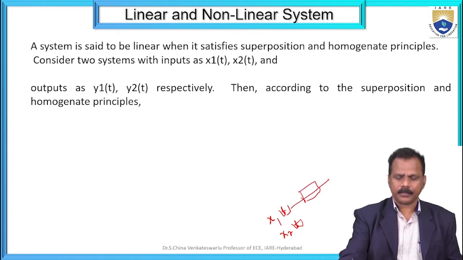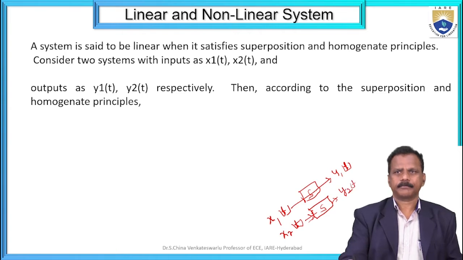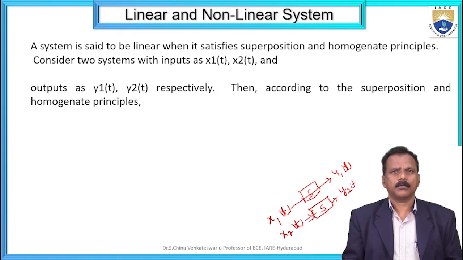Using the system, we expect the output y1 of t for input x1 of t. Because the input is x2 of t, it is given to this linear or non-linear system, and we expect the output response y2 of t. So the outputs are y1 of t and y2 of t.